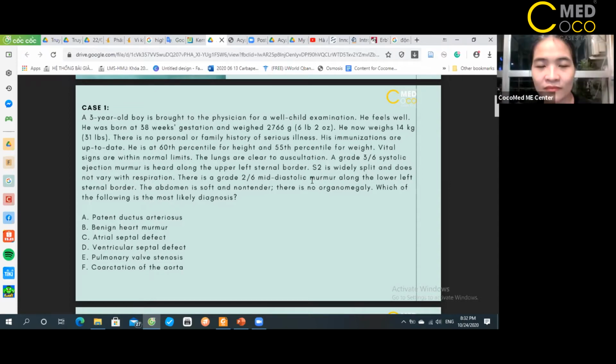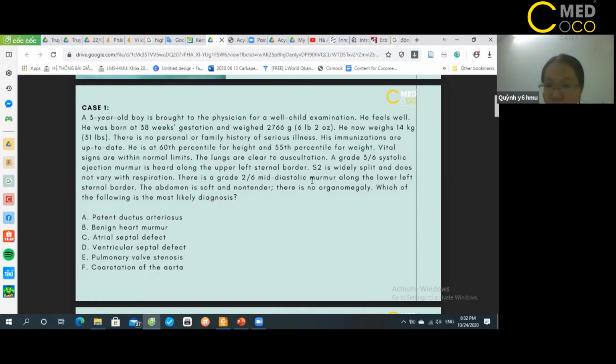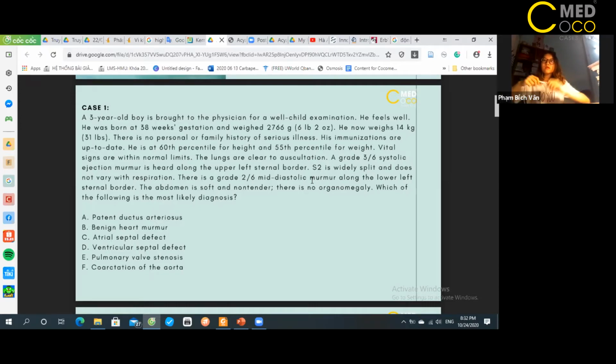The first location is the upper left sternal border, and the second is the lower left sternal border. Do you remember which valves are at these locations?